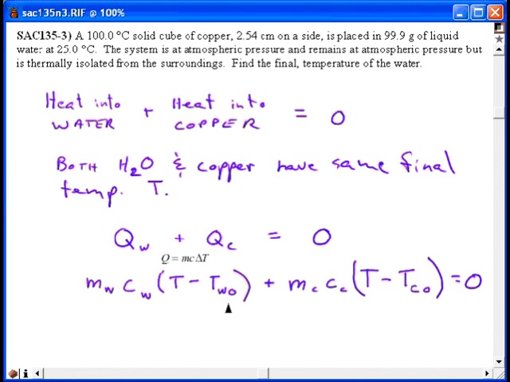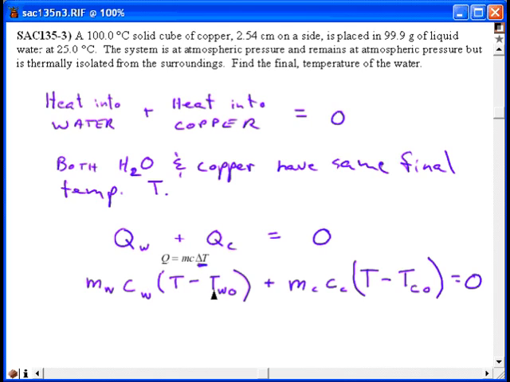Note, for my definition of what I mean by delta T, final temperature minus initial temperature, this one automatically comes out positive, assuming that the final temperature is somewhere between the initial temperature of the water and the initial temperature of the copper. In other words, somewhere between 25 degrees and 100 degrees.